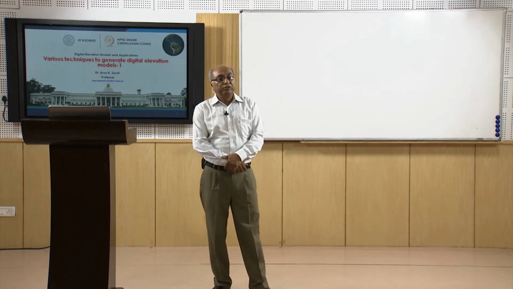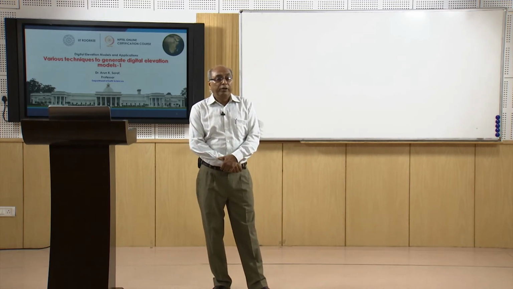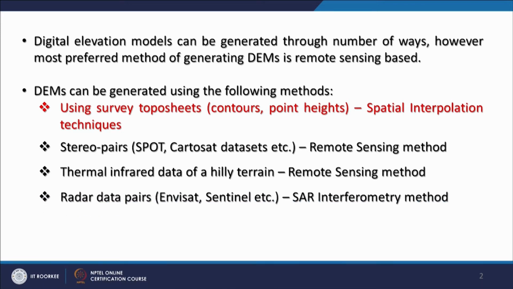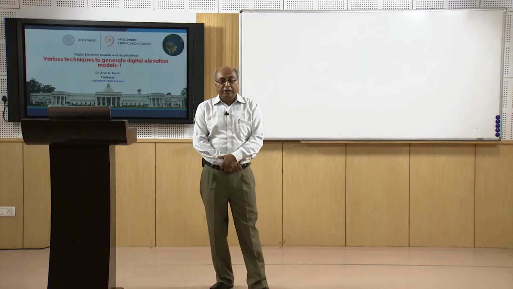There is also one technique I developed a few years back, which is based on thermal infrared of a hilly terrain, but at a relatively low resolution. But this can give you some advantages as well, so that will also be discussed in brief in subsequent lectures. Then radar data pairs, a very popular technique nowadays.